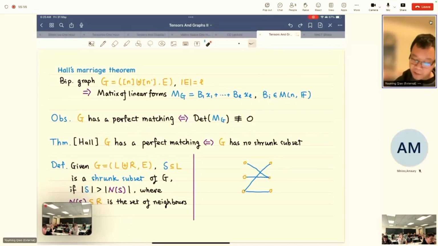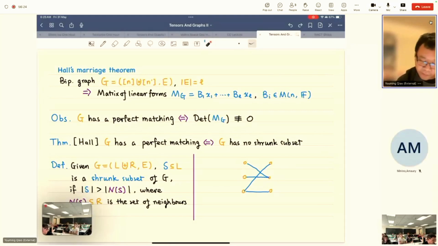A strong subset is a set of left vertices such that their neighbor size is smaller than its original size. For example, if you look at these two vertices on the left side, you see that their neighbor is only this vertex on the right side. So this is a strong subset because its neighbor size gets smaller, right?